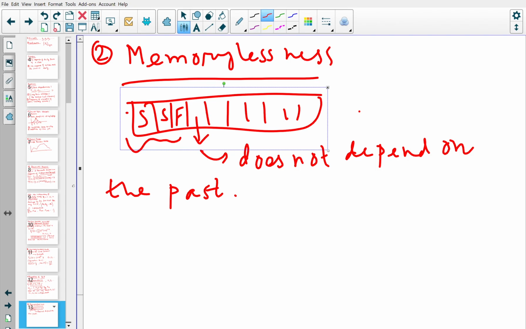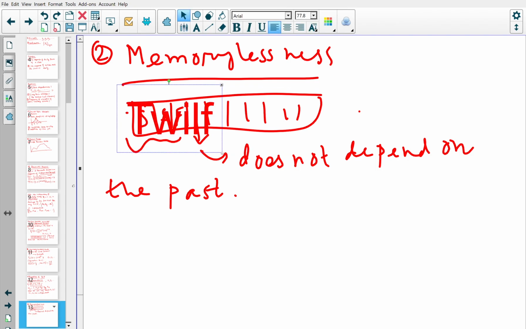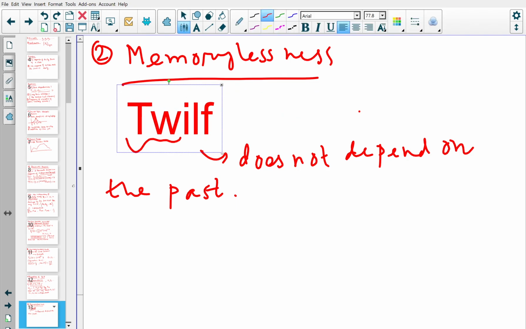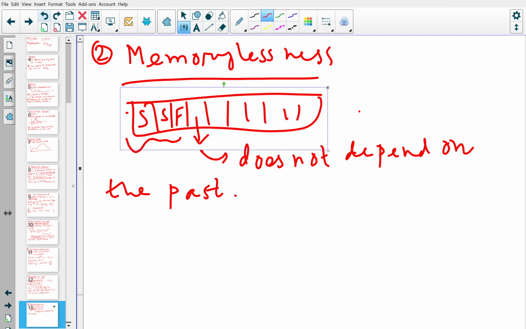It can be either failure or success, and it is itself a random variable. Clear? This property is called memorylessness. It does not remember the memory.